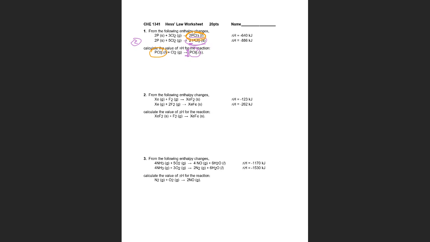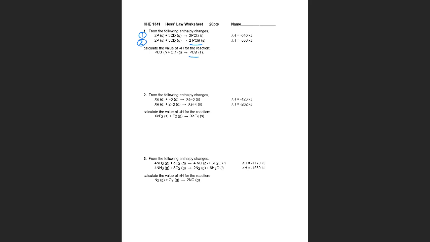So what I need to do is this. This is line 1 and this is line 2. Line 2 can stay the way it is because the PCl5s line up on the correct side of the equal sign. But number 1 needs to change.